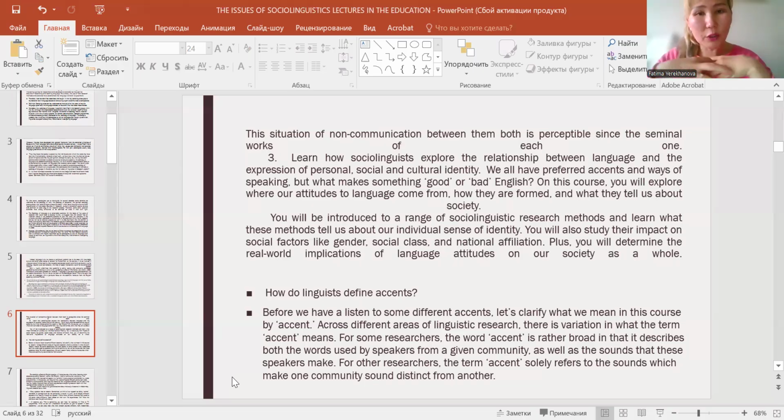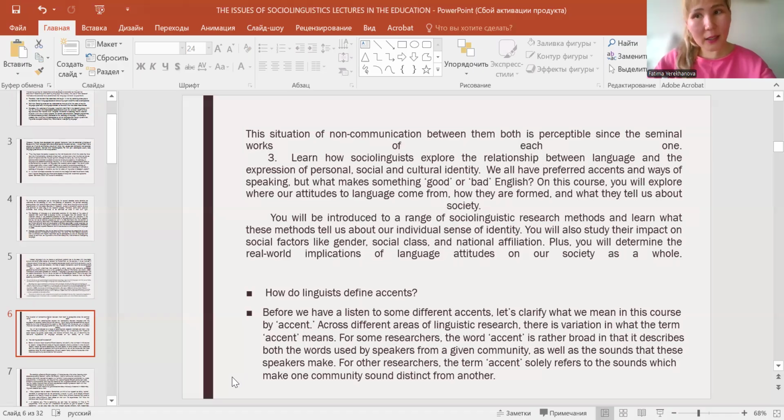Other researchers claim that the term accent solely refers to the sounds which make one community sound distinct from another. So these are the differences between one community's sound and another community's sound.